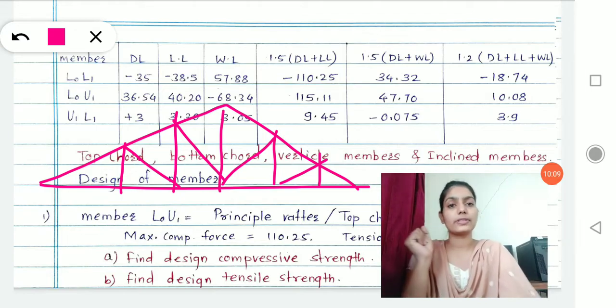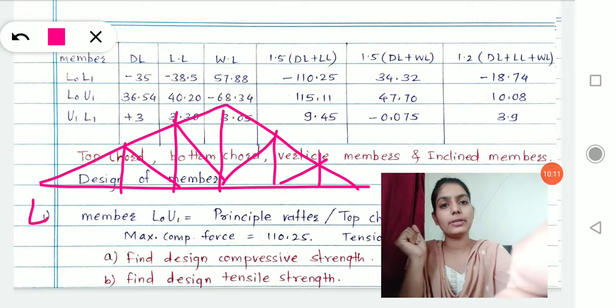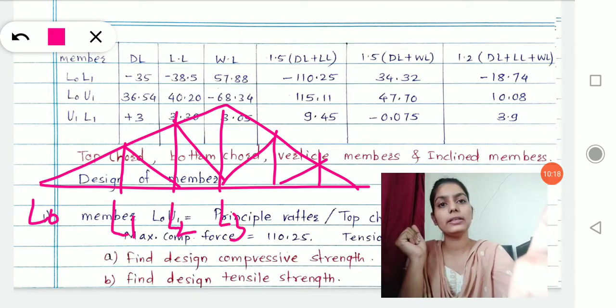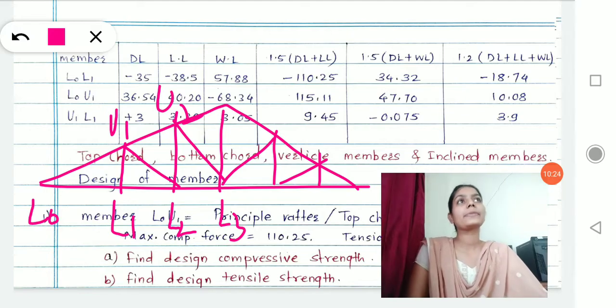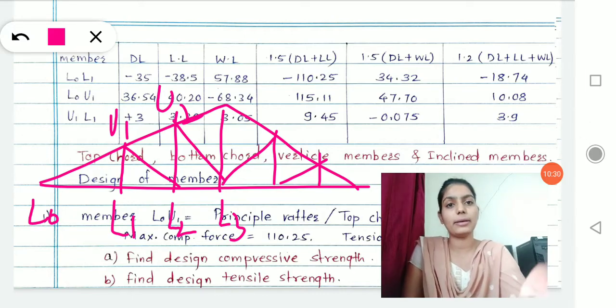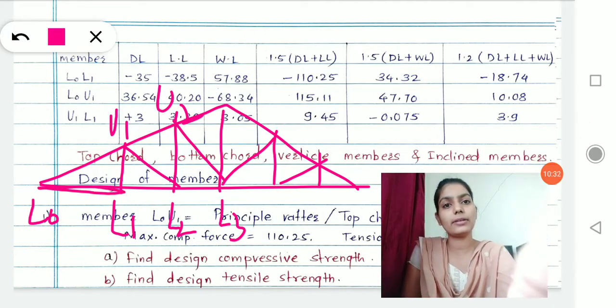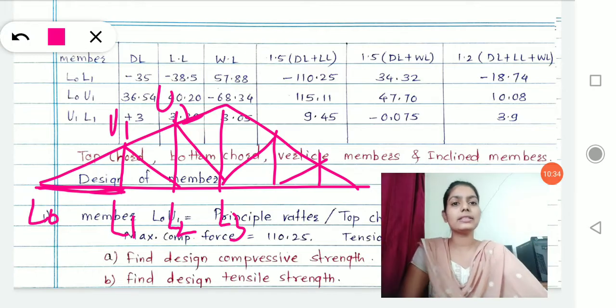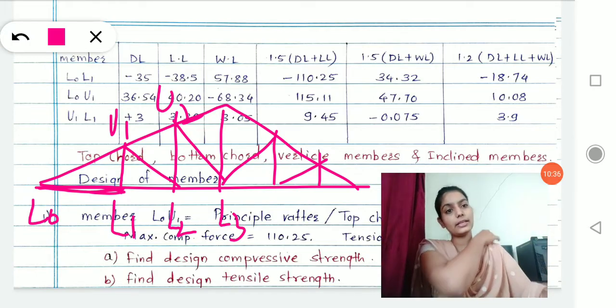So this is your truss. Let's name it L0, L1, L2, L3, and here U1, U2. So if I am designing the L0 L1 member, this is your L0 L1 member, right?